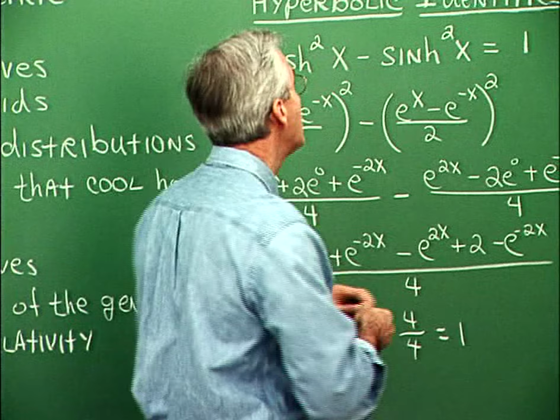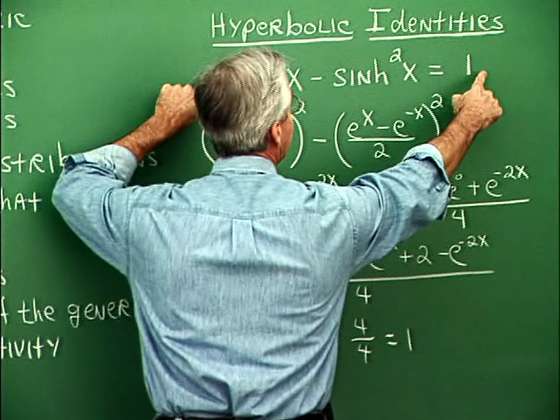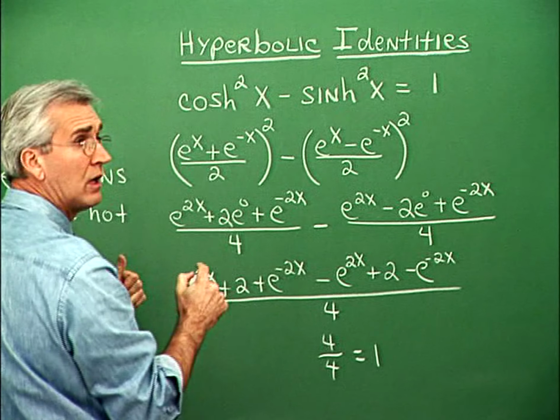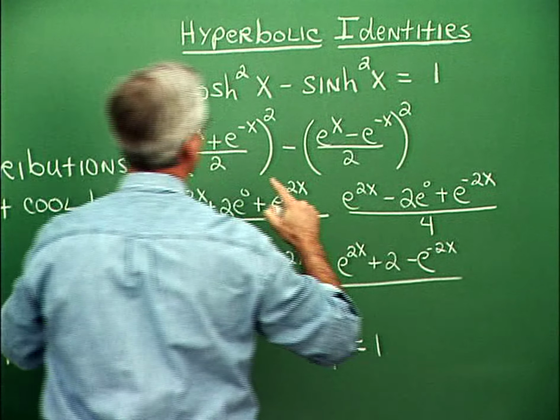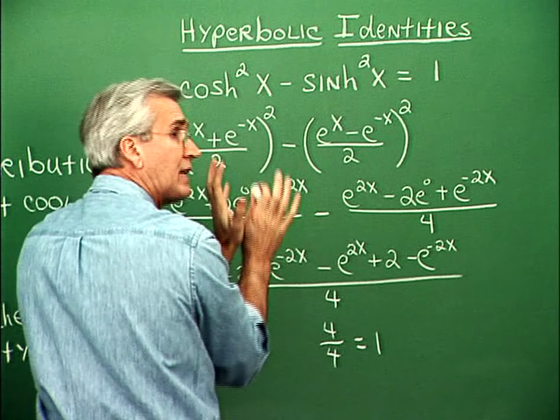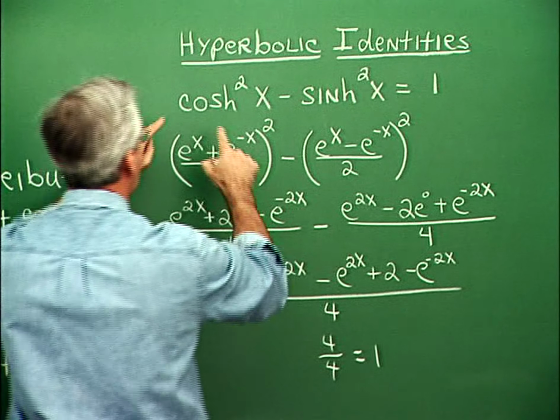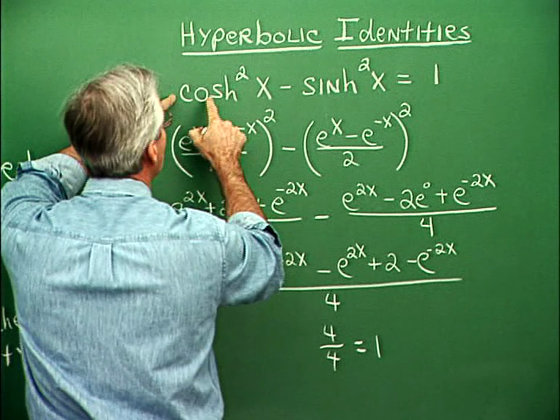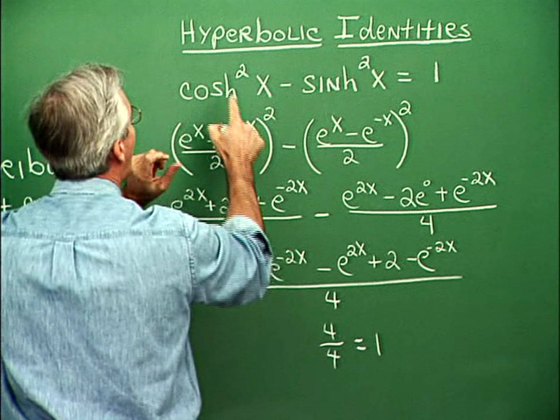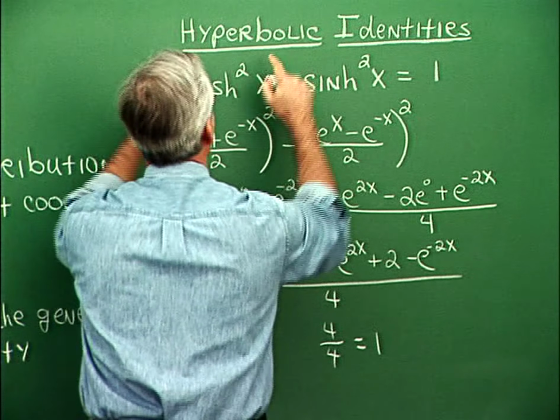For example, here's one of the many identities that are listed in your textbook. And if we wanted to verify this, then what we would do is go back to our definition of hyperbolic cosine, hyperbolic sine. Now, this hyperbolic cosine squared x means hyperbolic cosine x all squared.